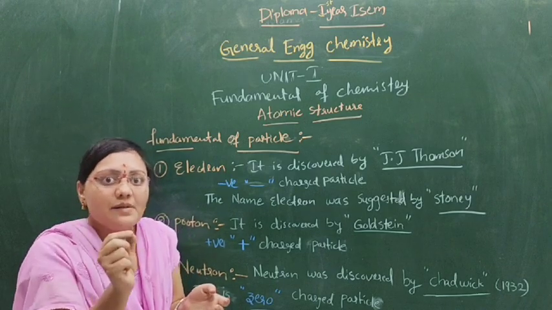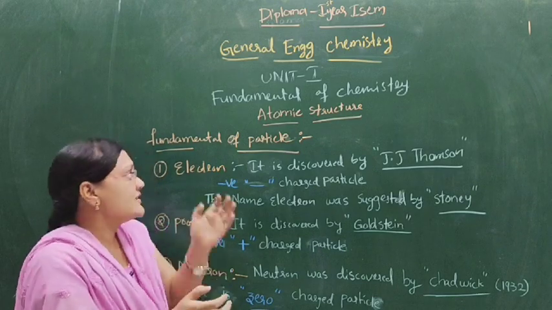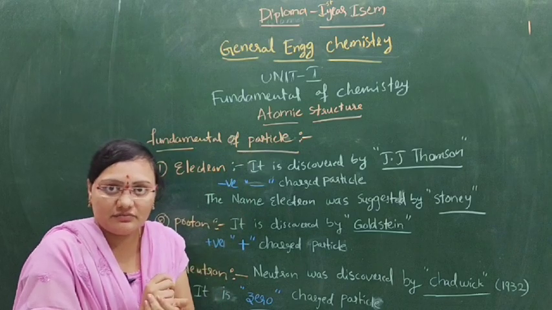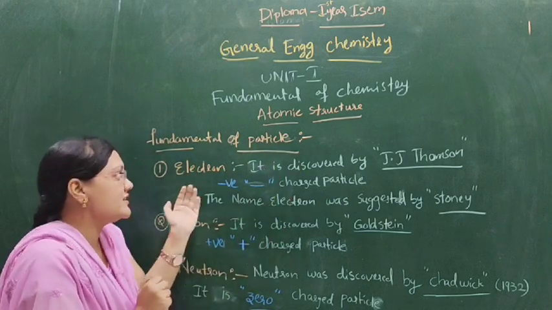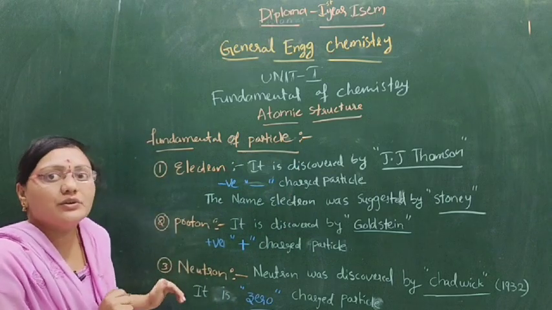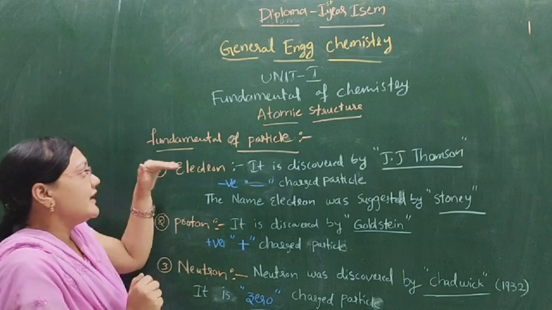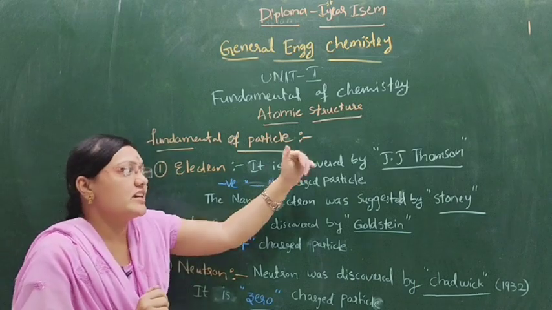The small particle is the atom. This small particle has fundamental particles: the first one is electron, second one is proton, third one is neutron. Then the electron was discovered by J.J. Thomson.